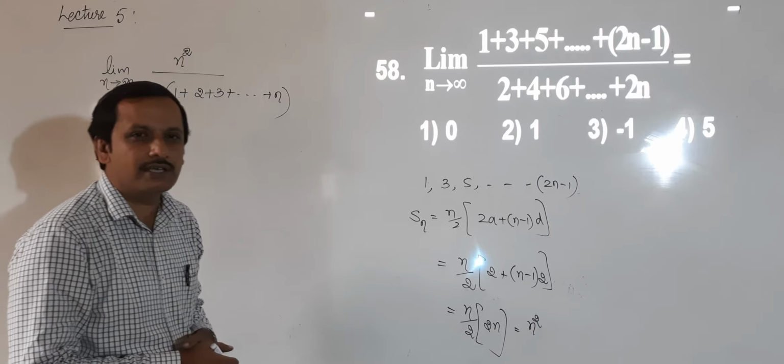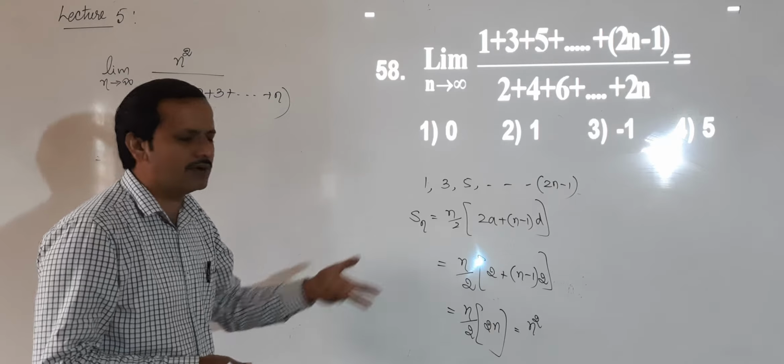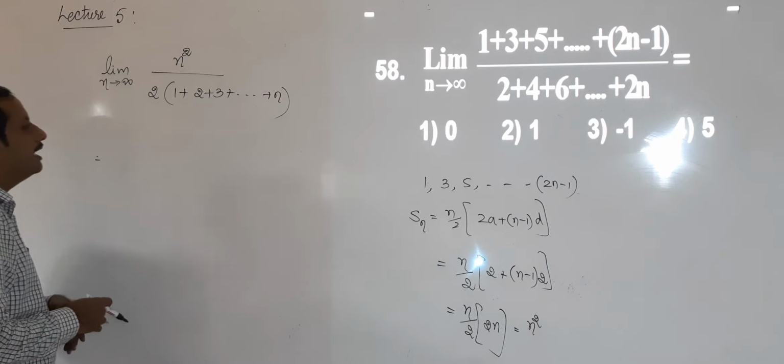The sum of the first n odd natural numbers is equal to n square. If you don't know the formula, this is how you can get it.